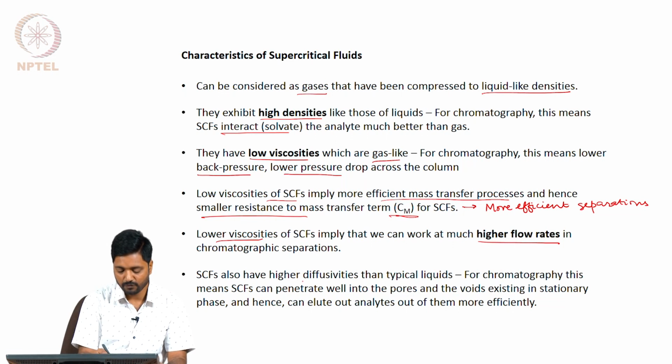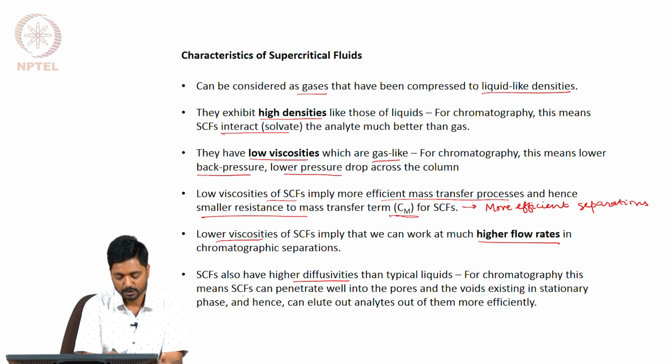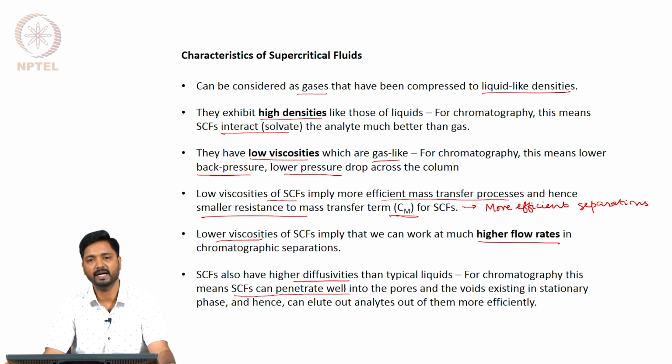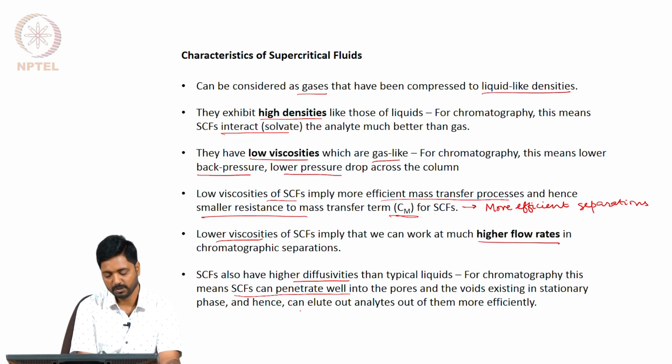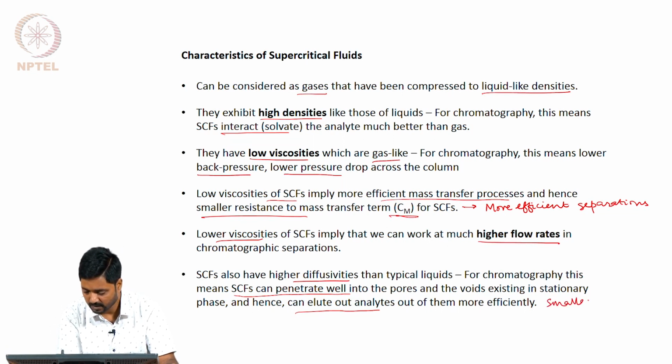The diffusivities of supercritical fluids are much higher, and that implies for chromatographic separations that the supercritical fluids can penetrate well into the pores and the voids that are present in the stationary phase, and hence they will be able to elute out the analytes out of them more efficiently, and this again relates to a smaller Cs term in the Van Deemter equation.